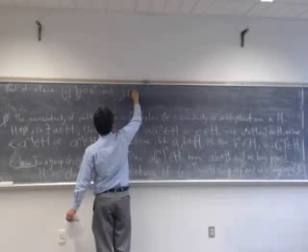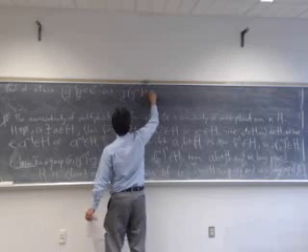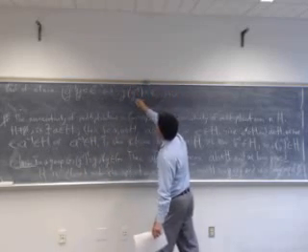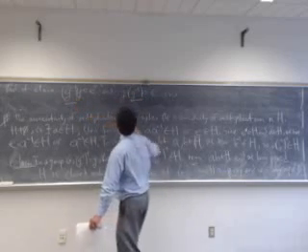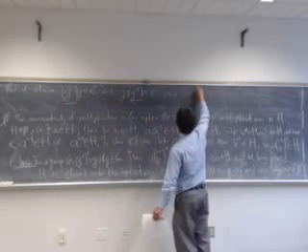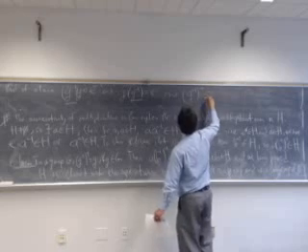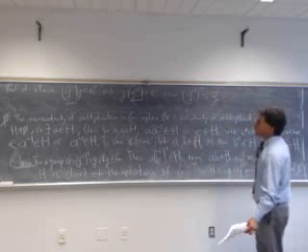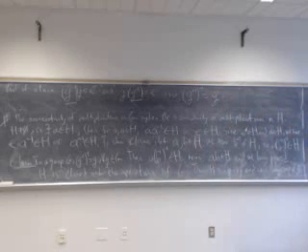And G times G inverse is also equal to E. So that means, thinking of G inverse as an element of the group, the inverse of G inverse is just G. Right? Multiply G inverse on the right by G, I get the identity. Multiply G inverse on the left by G, I get the identity. That means the inverse of G inverse is just G. That's the element that works.